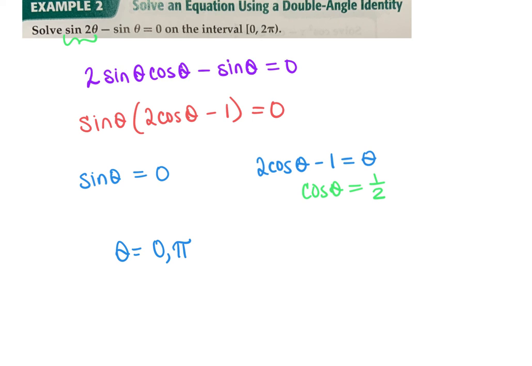Where on the unit circle do I have a positive 1/2 as my cosine? Pi over 3. Yeah, 60-degree angle, and at the bottom, 5 pi over 3. There we go. Those are my answers.